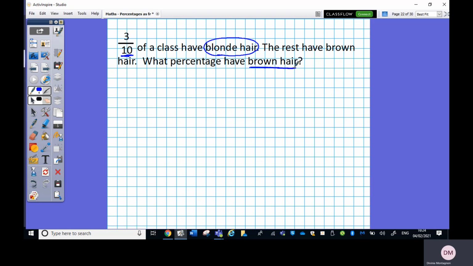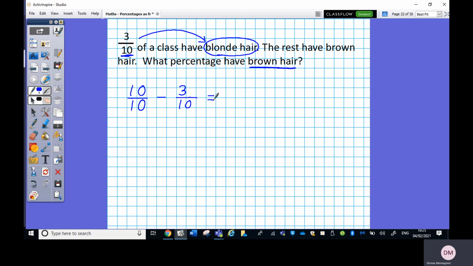Right. I remember from yesterday, our whole number is represented as, if I have tenths, can you tell me? 10 tenths. Great. Now I'm not looking for blonde hair, I'm looking for brown hair. So what I'm going to do is I'm going to subtract the number of children who have blonde hair.